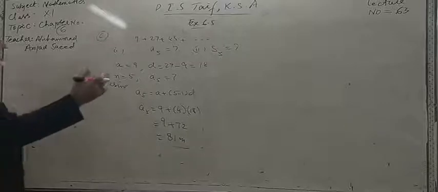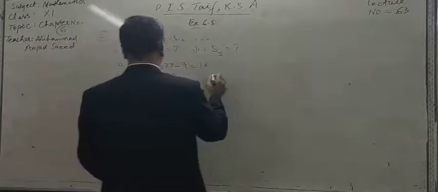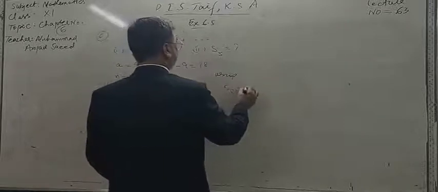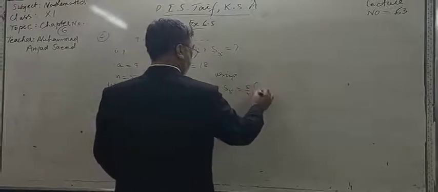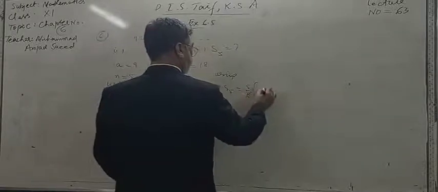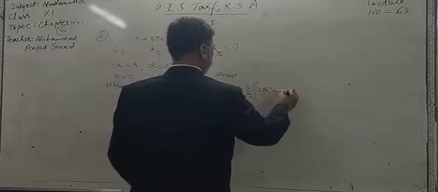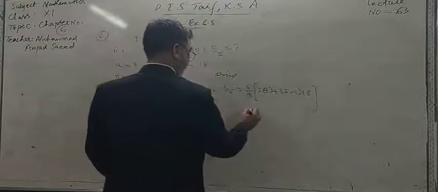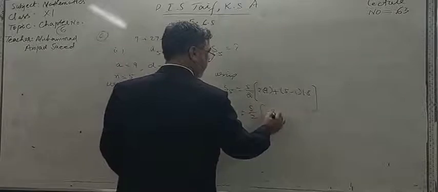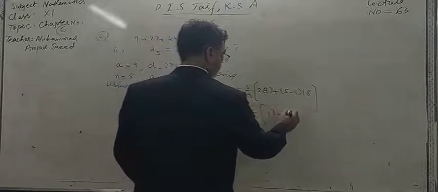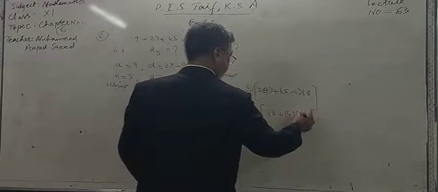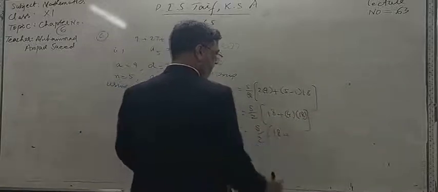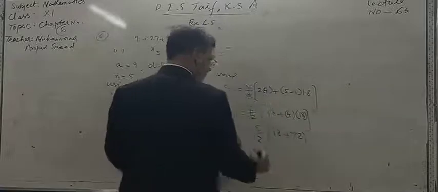And up to the fifth second, for the second part, using S5 is equal to 5 over 2 into (2a plus (5 minus 1) into d). d is 18. Here it is 5 over 2 into (18 plus 4 into 18), that is 5 over 2 into (18 plus 72).